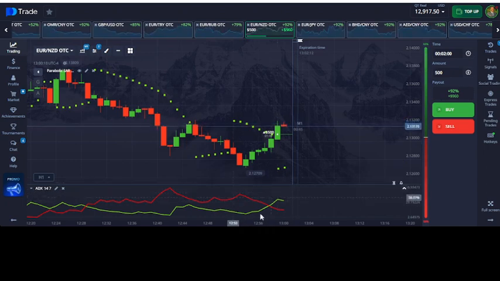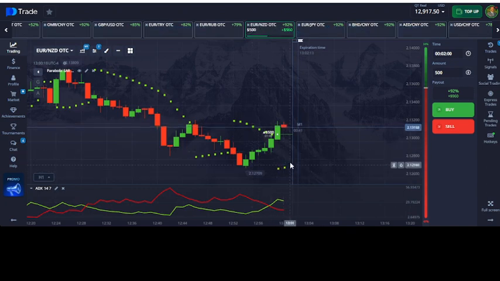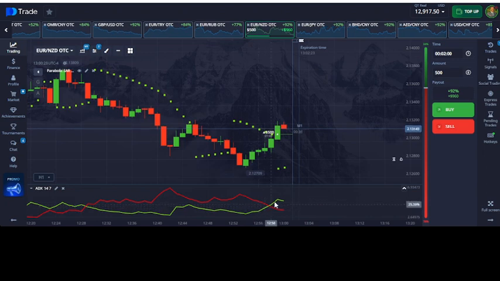Like I mentioned, we look for the parabolic SAR dots to print below the candles. So this tells us there's a bullish reversal occurring here. And then the green ADX crossing the red ADX, the plus ADX line crossing the minus ADX, tells us the bulls are in control.